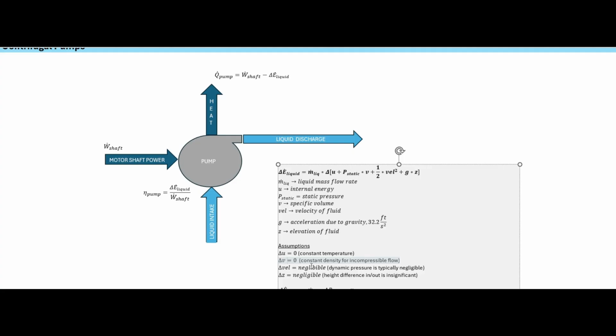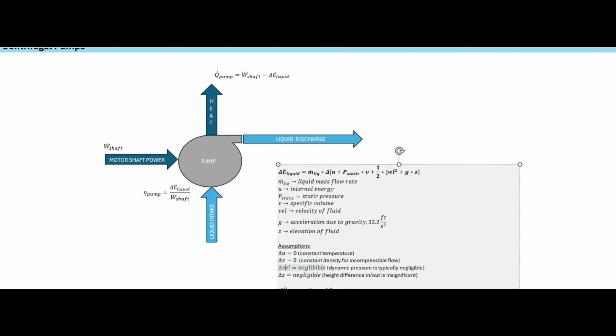With incompressible flow, your density of the fluid stays the same, so the change of specific volume stays the same. But your change in P times V is going to be different from your in and out because your static pressure changes. But it simplifies it a lot that your change in specific volume is 0.